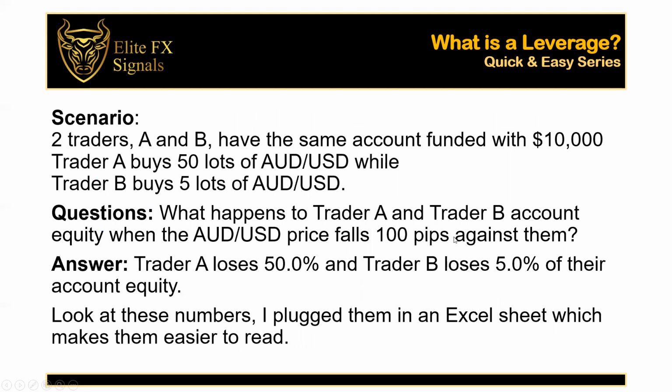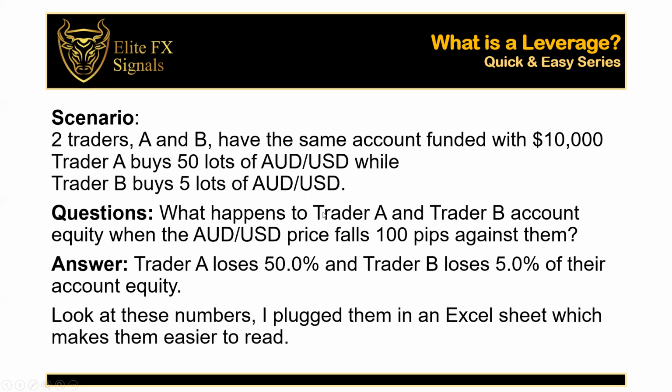Let's examine a scenario, okay? Why leverage is very important, and you must, with a capital M, know and understand how to use leverage and margin. So let's suppose that we have 2 traders, trader A and trader B. They have the same account funded with 10K.